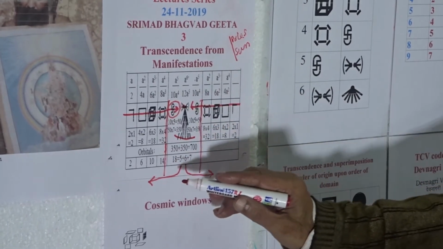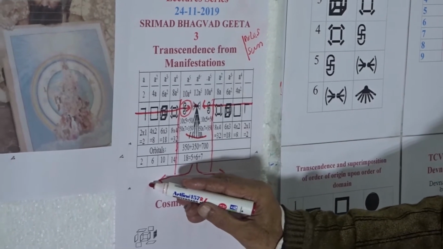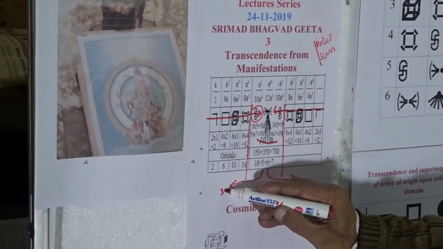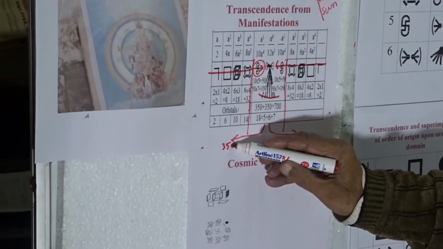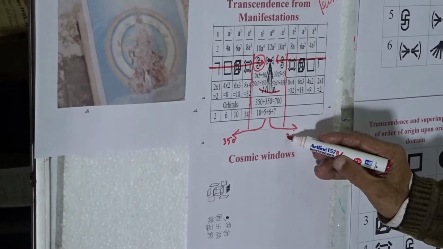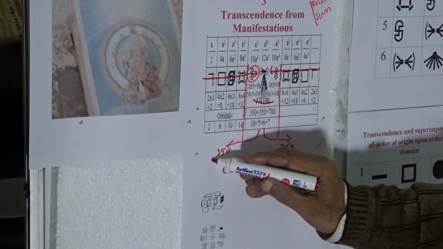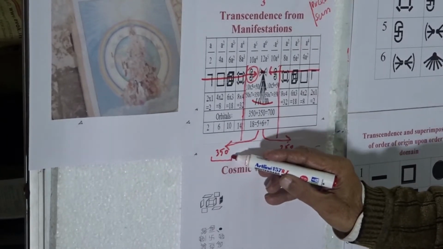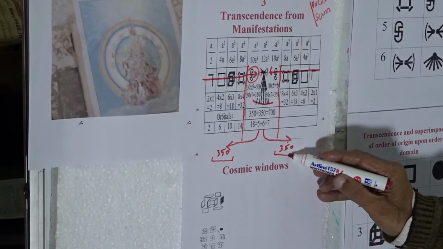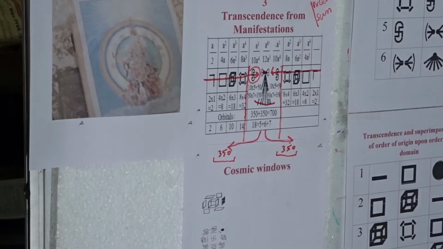And this way there happens to be an organization feature of the text of Srimad Bhagwad Gita as of 2 distinct parts. First part of Shlokas values 350, and second of again value of 350.